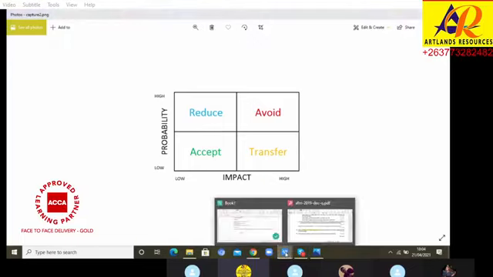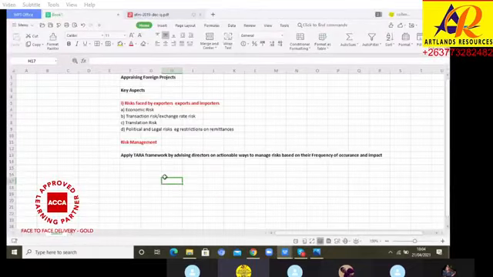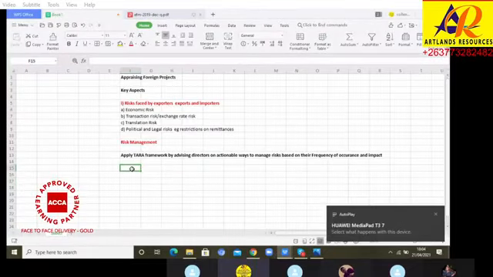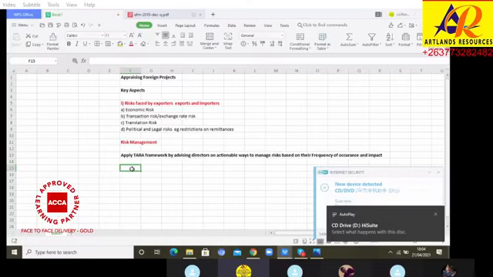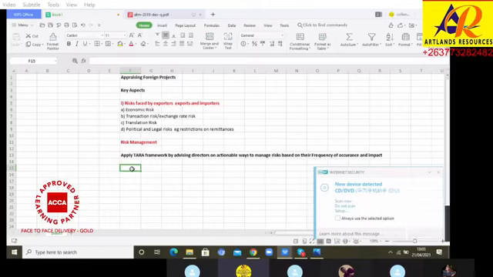Let me proceed here. We are discussing quite a lot of concepts. Concept number 3 is on determination of forward and forecast exchange rates.